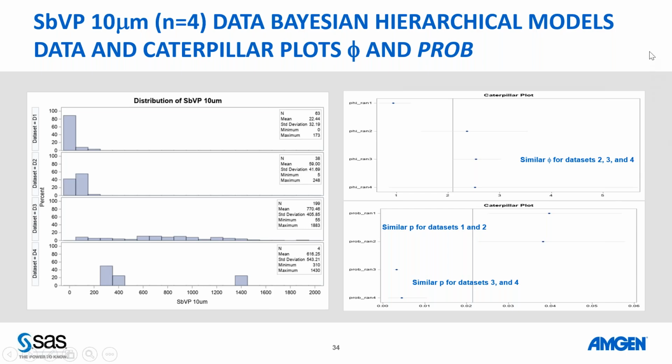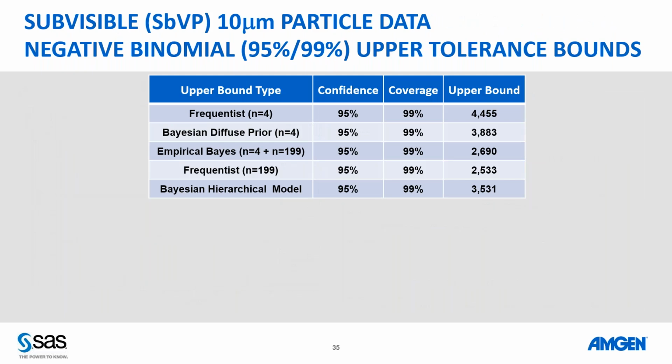Some have similar probability, data sets 3 and 4 closer to each other, and 1 and 2, and for the shape parameter, 2, 3, 4 is different from 1. And you can see from the estimates, there is not an overwhelming amount of borrowing. In other words, we are not treating the entire data set as a fixed effect. Not everyone is the same. They are slightly different, but they're decidedly similar. So that's the idea of the random effects model.